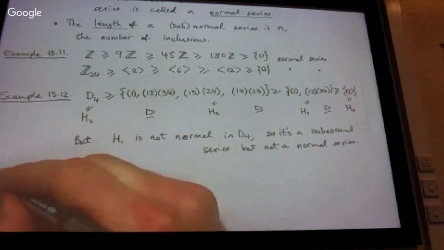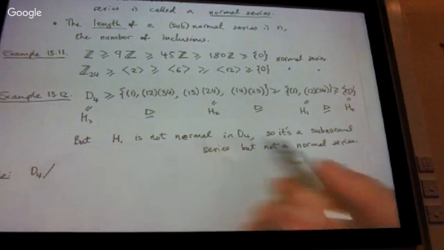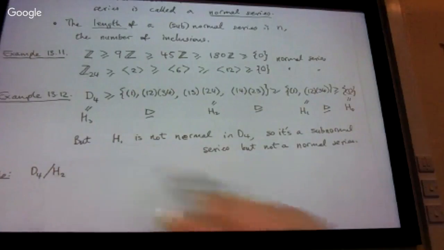Now there's something that is not in the book. So this D4 factor group by the second one, what is that group? Do you know? Okay, how many elements does it have?